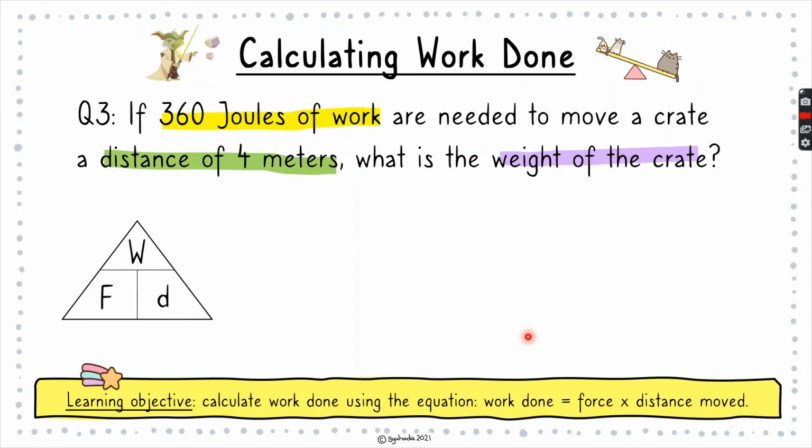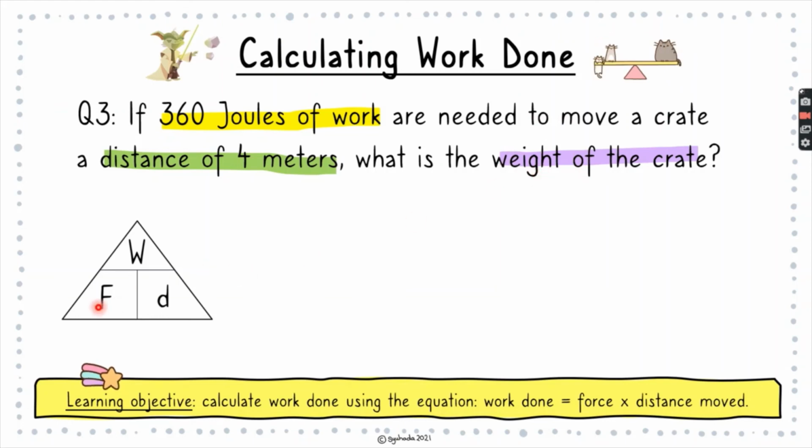Alright, next. So I've already highlighted this for you guys. If 360 joules of work are needed to move a crate at a distance of 4 meters, what is the weight of that crate? So what we're looking for here is weight, and remember, weight is the force of gravity acting on that object.